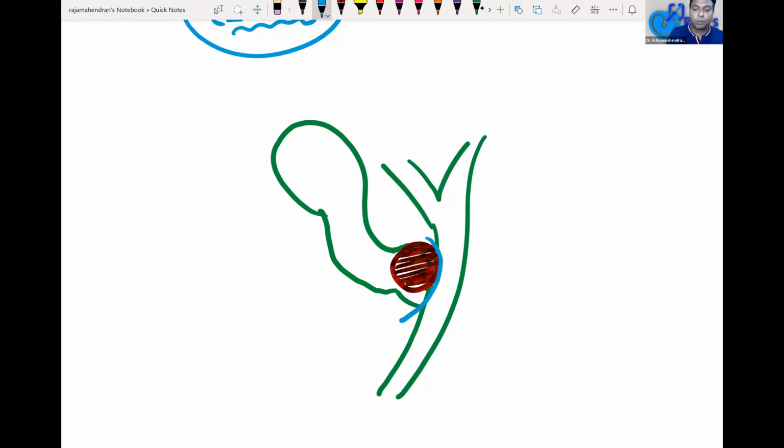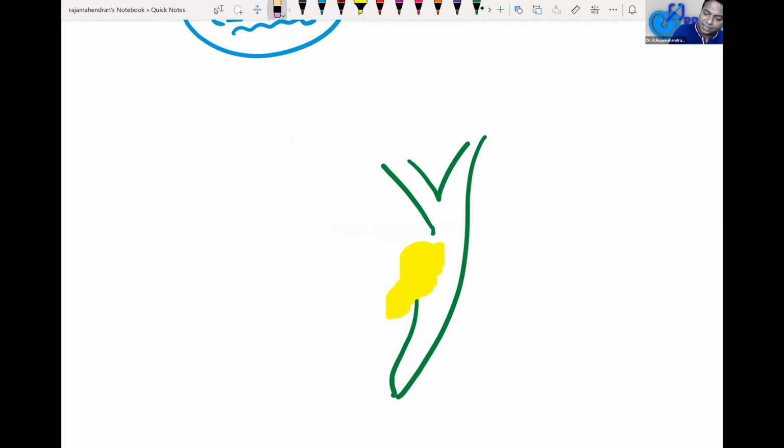As I completed the procedure, I could see frank bile coming out from this area. I had dissected and removed the gallbladder. Intraoperatively itself, I found bile coming out from the same place. In 2010, I was not much aware of this anatomy, so I didn't know what to do.